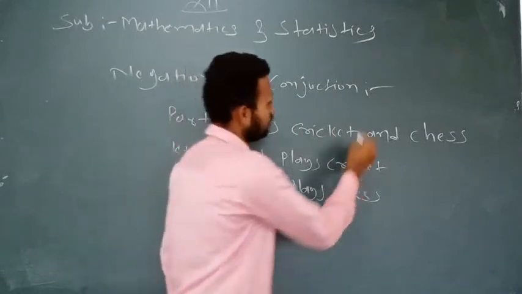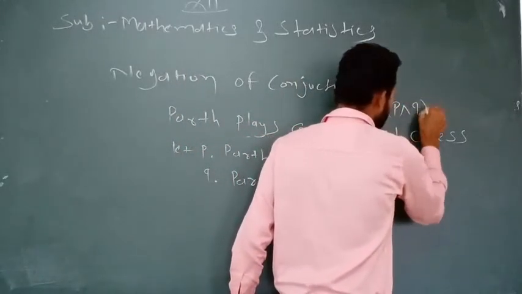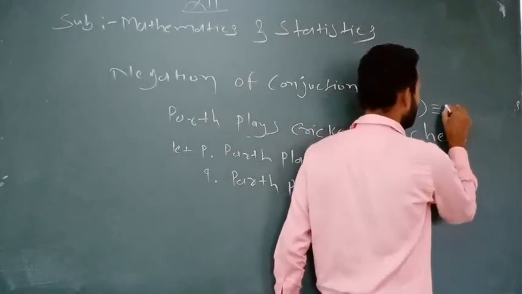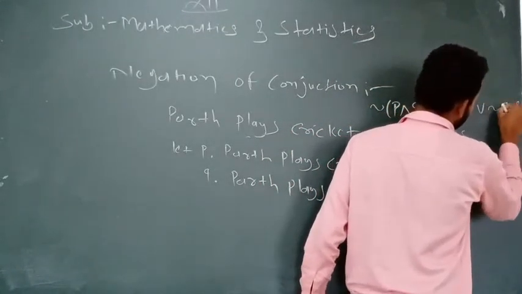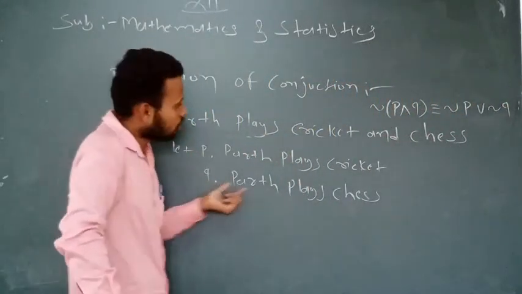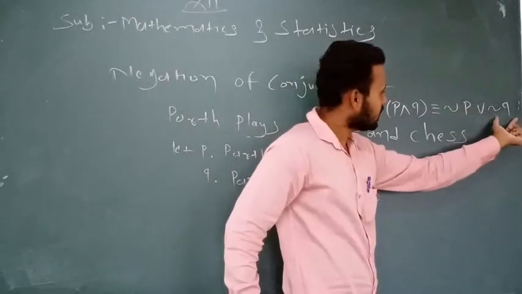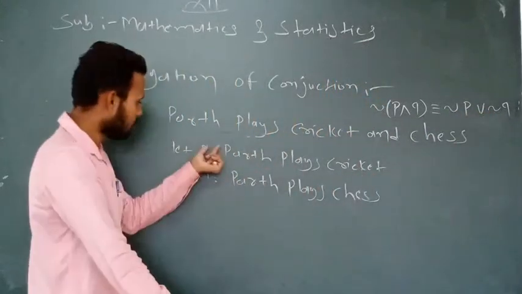Then negation of conjunction of two simple statements is equivalent to disjunction of their negations. We get negation of P and negation of Q, and take the disjunction, or.